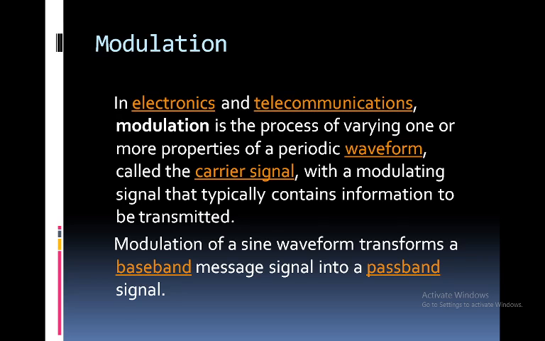The naira note will just be falling back to the floor. But for you to be able to send it to the target person, you may wrap the money around a stone. So, in that sense, the actual signal, the information you want to send to the person, analogically, is the naira note, while the stone is a carrier signal.